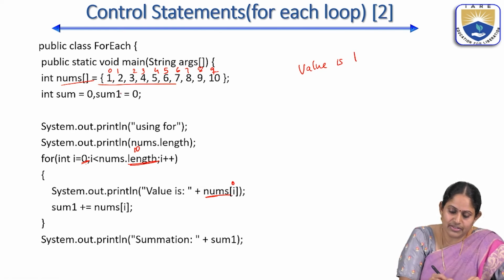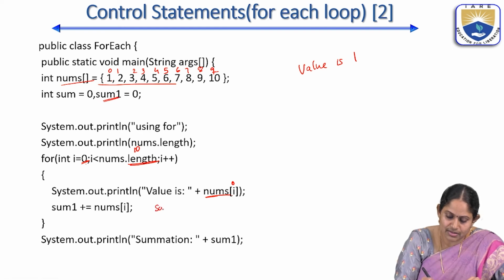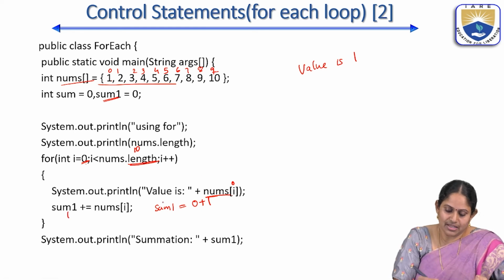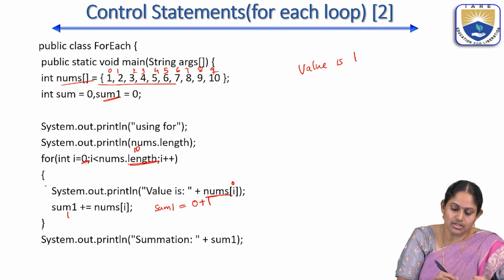Now we have initialized sum as 0. So sum is equal to 0 plus nums of i. Nums of i was 1, so sum will store 1. Next, the closing bracket is encountered, so the for loop is incremented: i plus plus, and i becomes 1.